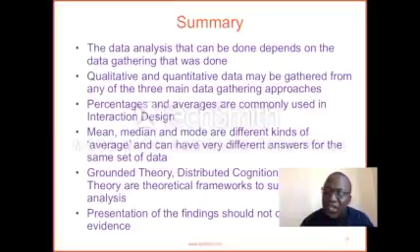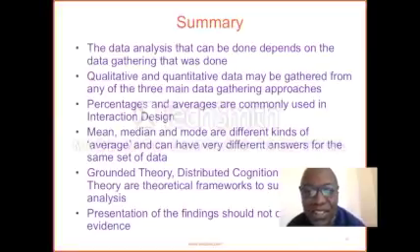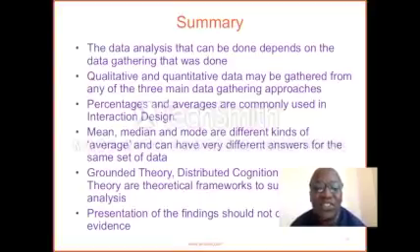Just to summarize this chapter, which was fairly short: the data analysis that can be done depends on the data gathering that was done. If you haven't done proper data gathering, then obviously your data analysis will not be as good. Qualitative and quantitative data may be gathered from any of the three main data gathering approaches.